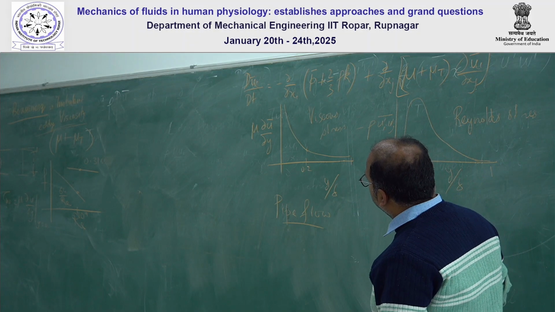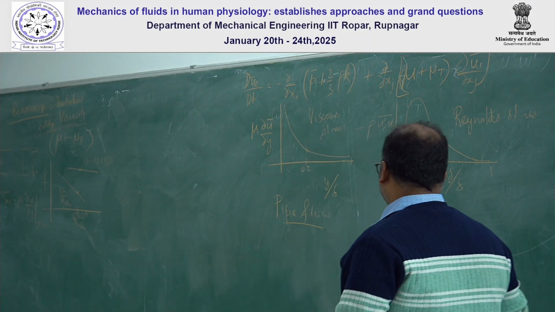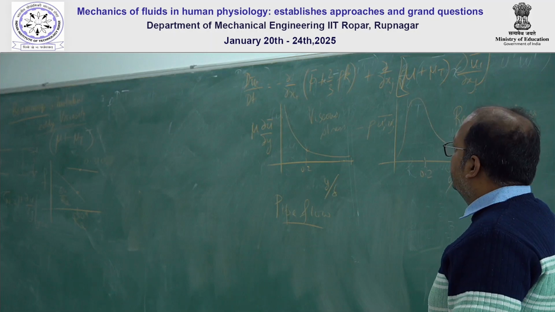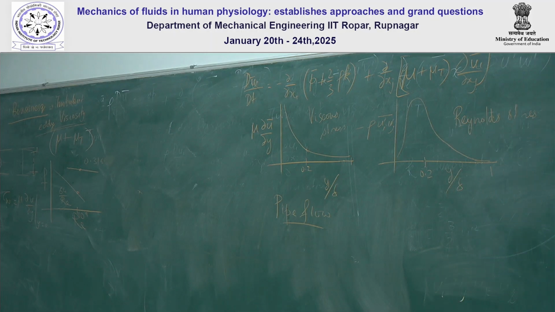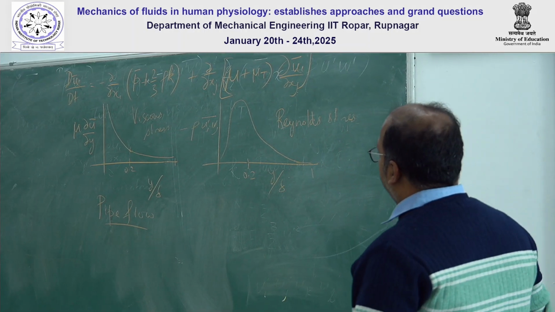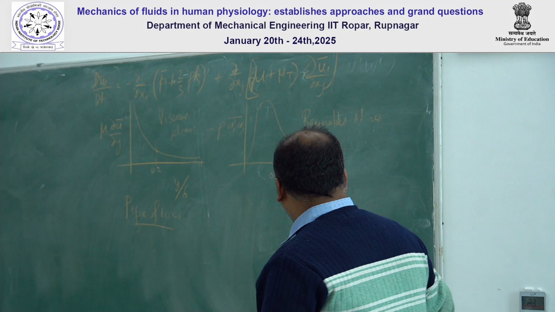So these are roughly the stress distributions. Again, I am saying this is not an actual stress, but just for the sake of nomenclature I am writing it like this. So these are the rough distributions of both viscous stress and the Reynolds stress across the pipe.